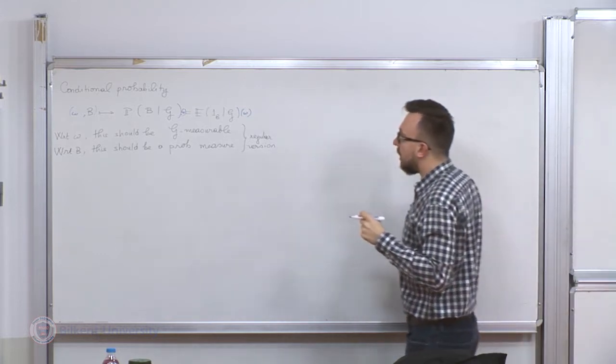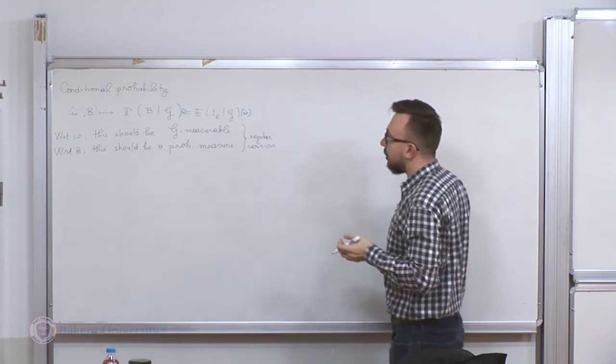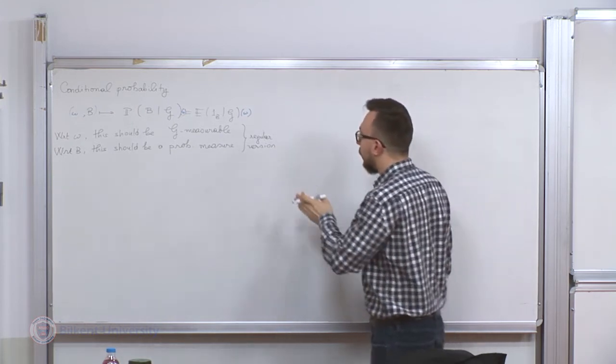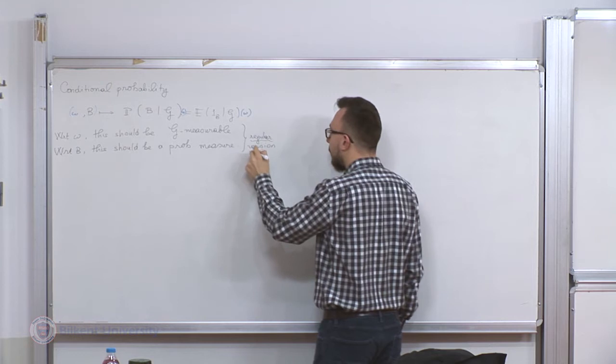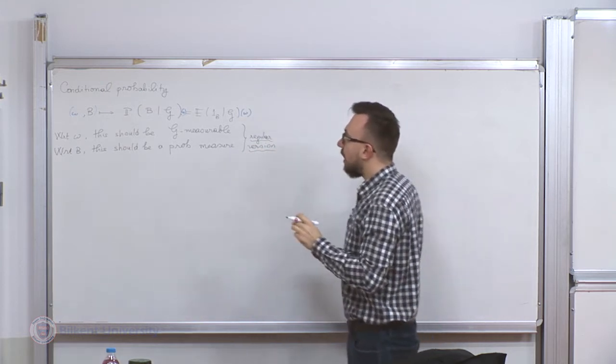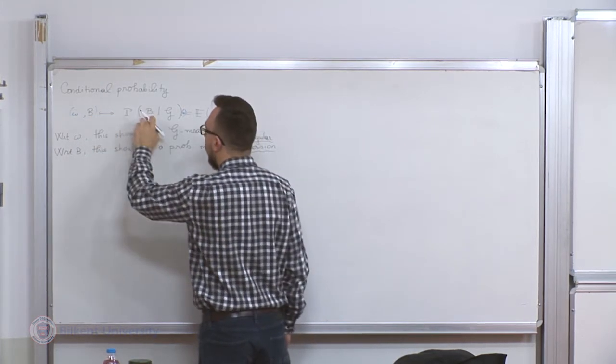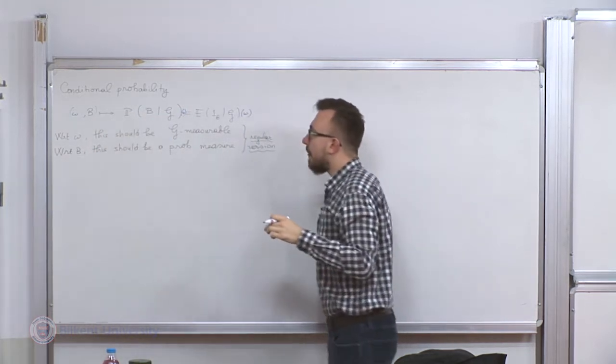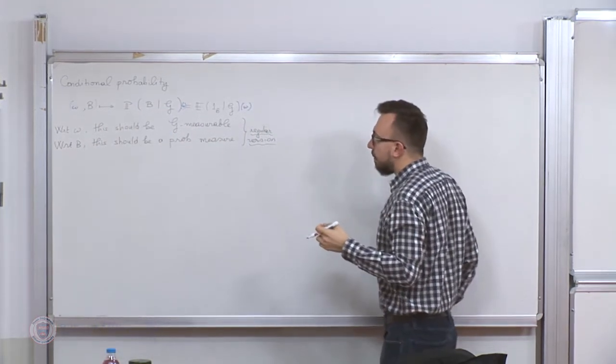And this is the case if you have a standard measurable space. So for the existence of a regular version, you need to make sure that the sets B come from the sigma algebra of a standard measurable space.